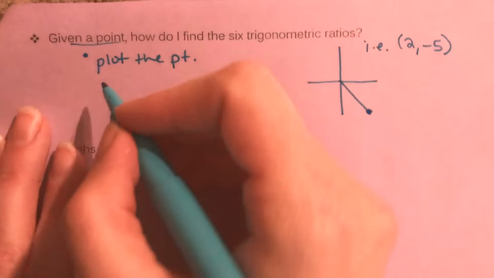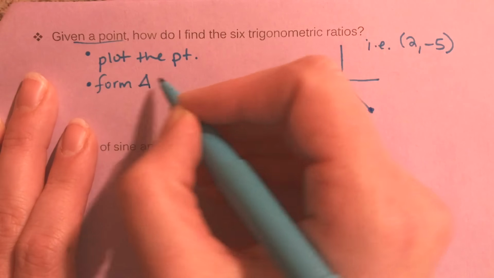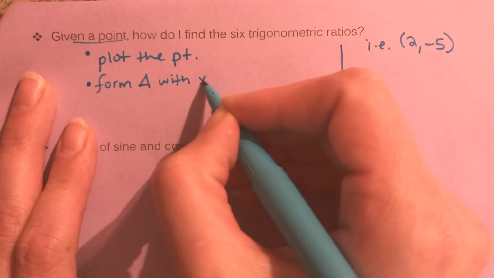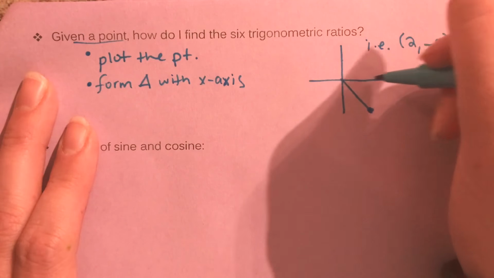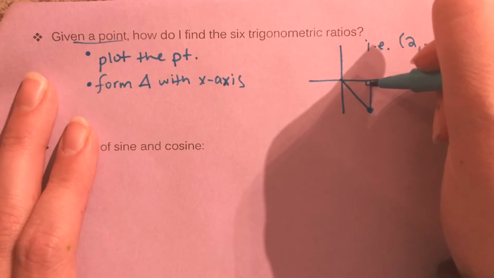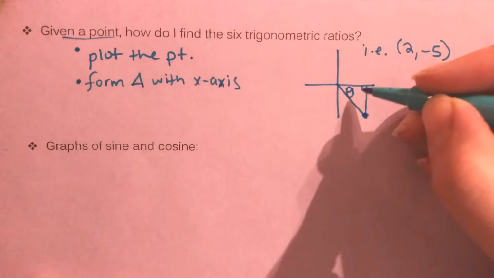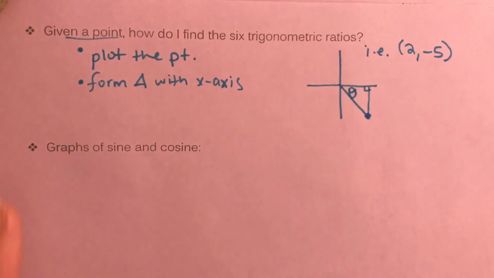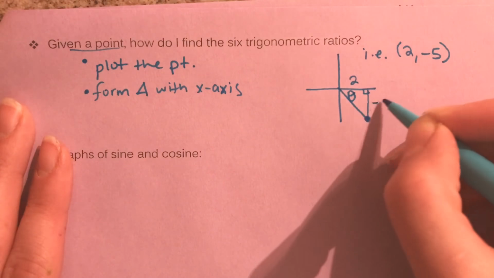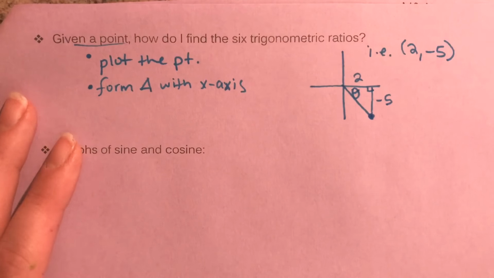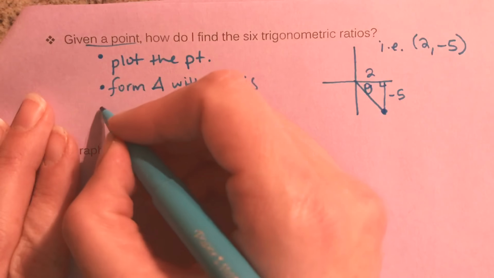My next step is to form the triangle with the x-axis. So the x-axis is here, so I'm going to draw my triangle up here. And that means my angle is there, between the x-axis every time. And then I know that it was over 2, down 5. I've got a triangle, I've got some sides, I just need my last side.